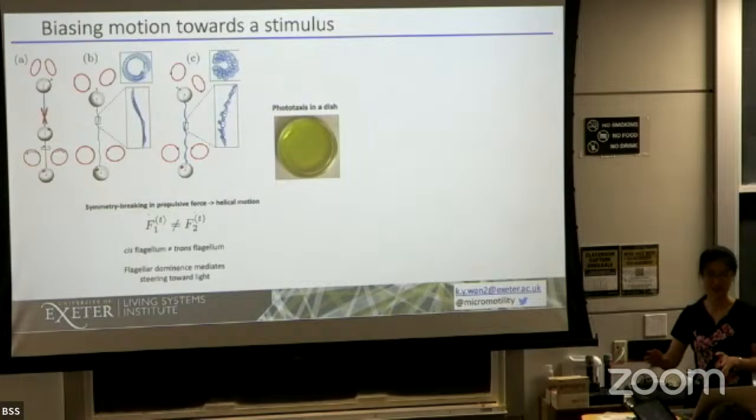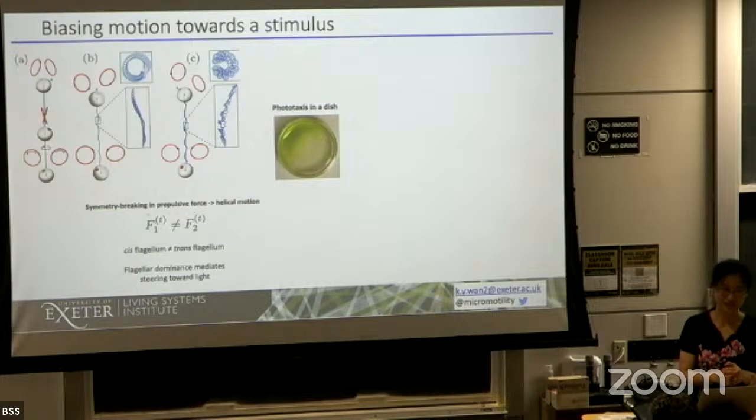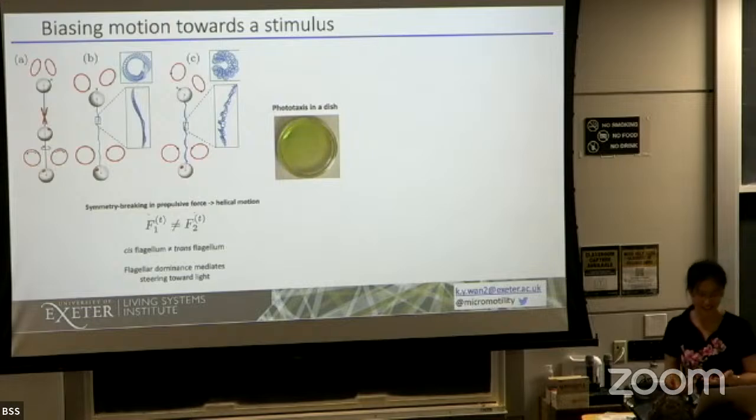How well does it do phototaxis? But if you really wanted to address that properly, you need to do this three-dimensional analysis or imaging. But I think this is very difficult in general. But yes, the answer is yes, it does make a difference.